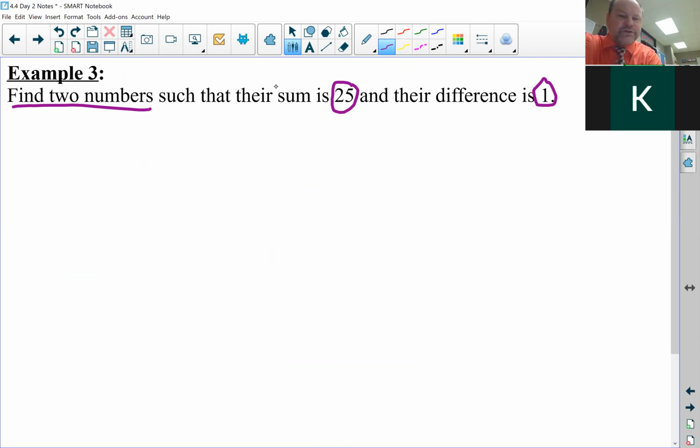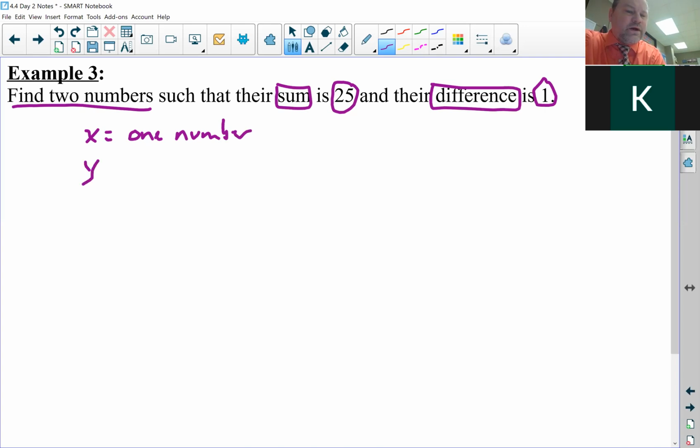Box any keywords. I'll write my equations to find my variables. In this case, I would maybe just use x and y. X is going to equal one number. Y is going to equal the other number.